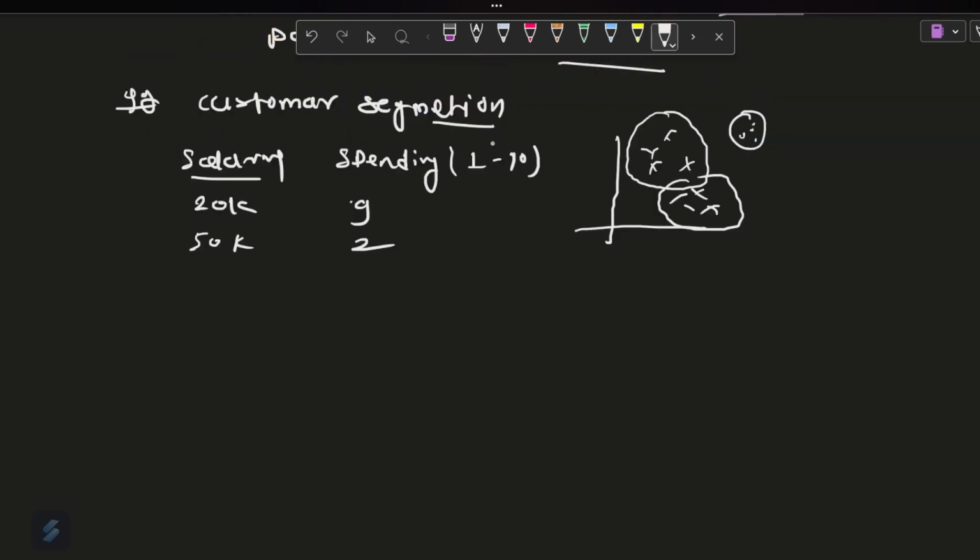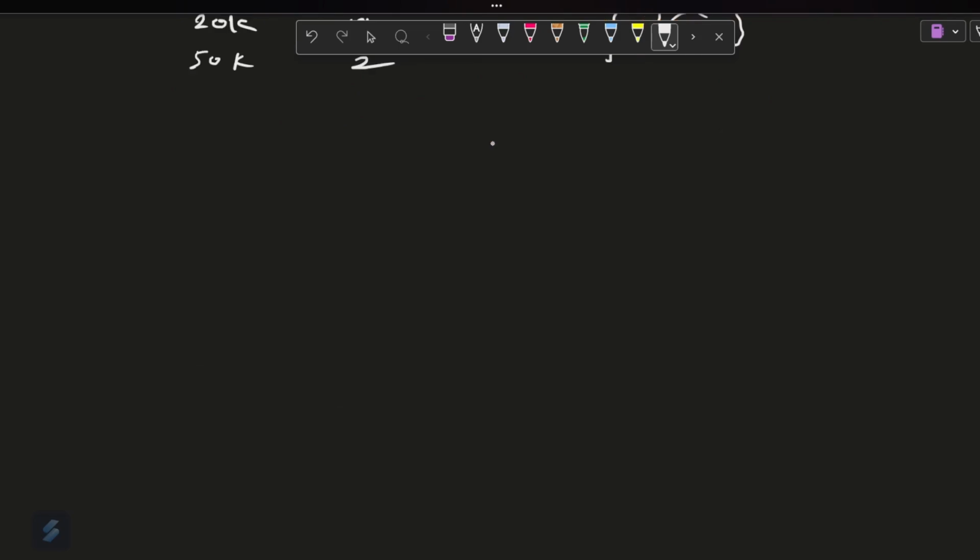In supervised and unsupervised machine learning, these are the algorithms we are going to learn.